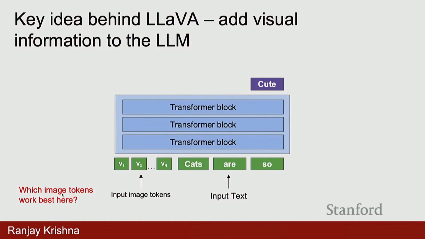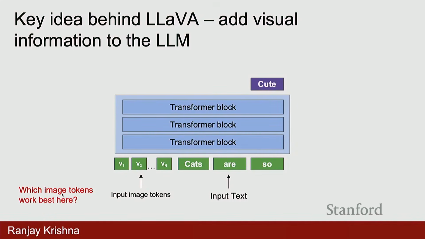We might tokenize our image somehow and feed those tokens into our language model along with the historical context of cats are so, and then use that to autocomplete the rest of the description. That's the basic idea behind Llava: feed in these image tokens along with the words that are being generated to continuously generate more words about that image.